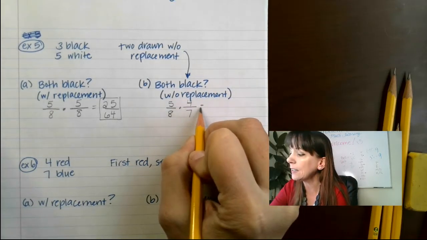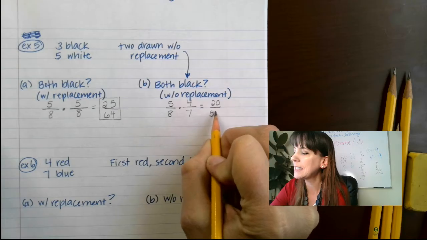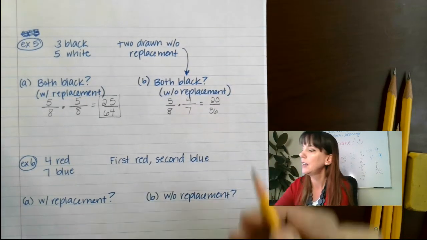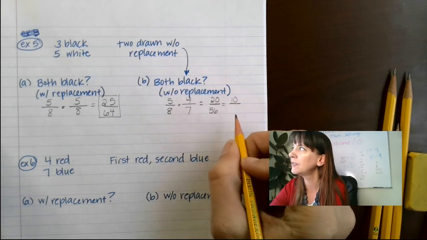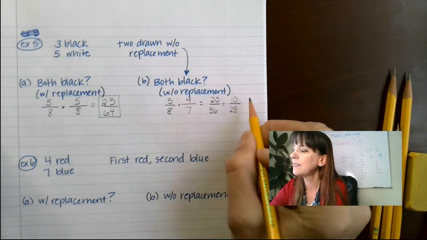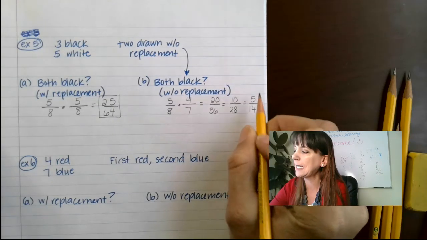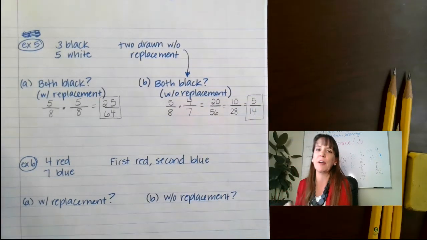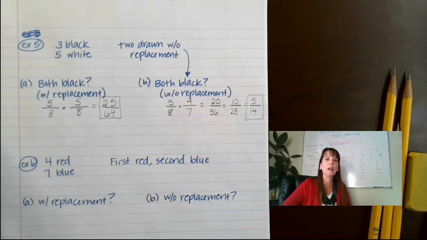So our answer here is going to be 20 over 56. Of course, we can reduce that down. And so we get 10 over 28. Then cut them in half again, we get 5 over 14. So the chances of that happening would be 5 out of 14, as opposed to the 25 out of 64.